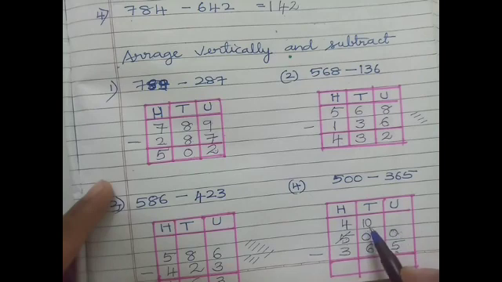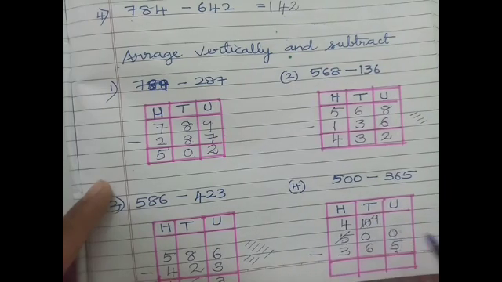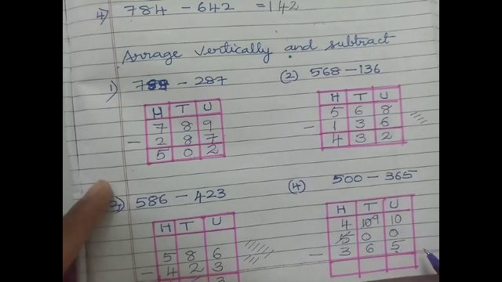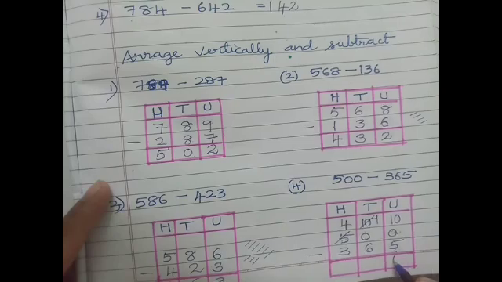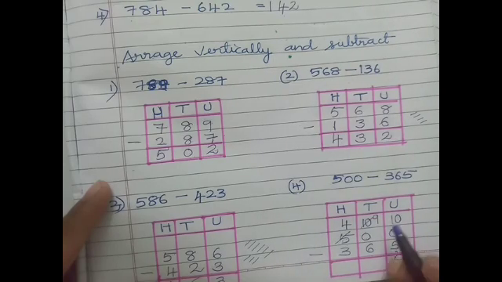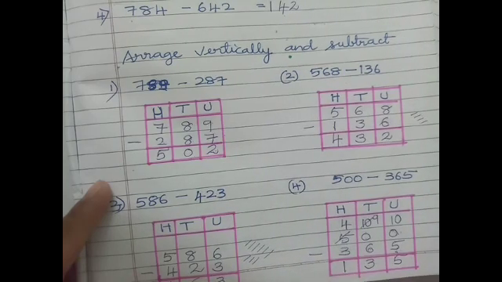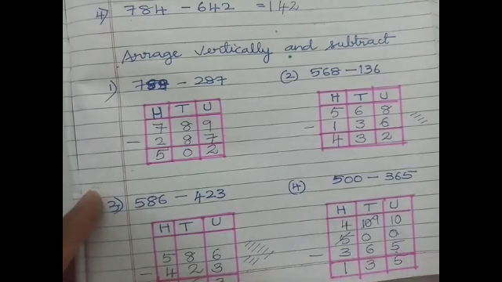From this 10, again you are taking 1 ten here. So this became 9 and here it became 10. So are you following, children? This is how we are borrowing. So 10 minus 5 is 5. Now you can subtract. 9 minus 6 is 3. 4 minus 3 is 1. So this is how we are subtracting the sum by borrowing.